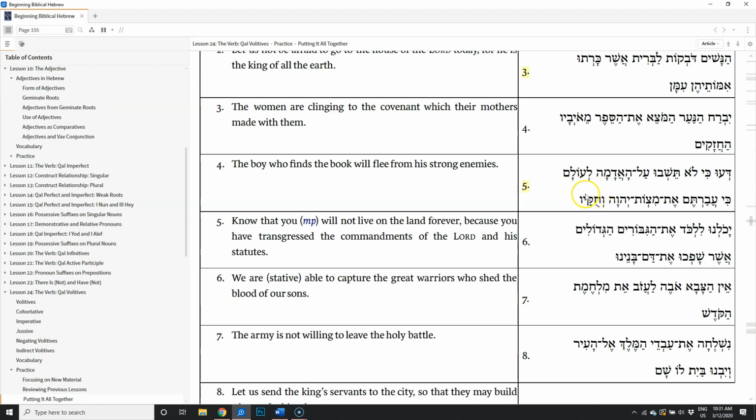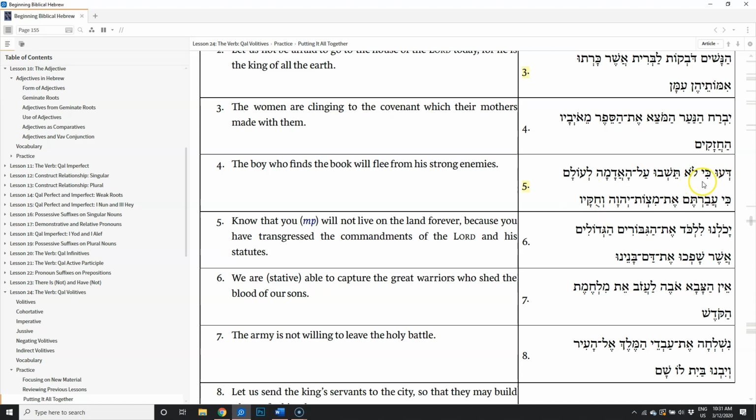But I know it means ordinances. So his ordinances is the idea here. And I know it's plural, even though I don't see a hireq yod mem or a tsere yod. I know it's plural because the vav preceded by the yod tells me that it's plural.